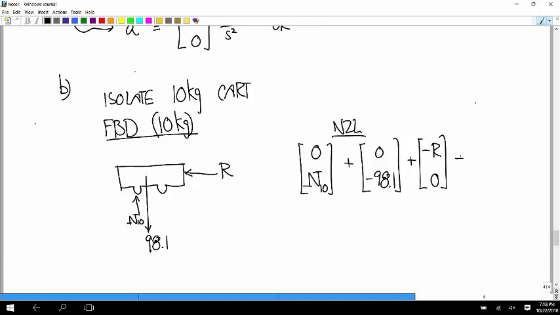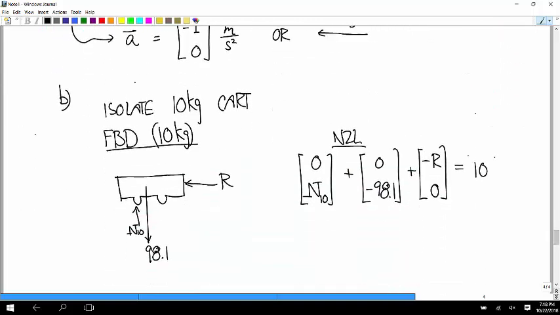And all that's equal to the mass of our chosen object. This time it's only 10. Times the acceleration vector of our chosen object, which, if you think about it, these things are moving as a single unit. So the acceleration vector that we calculated in part A, we can use here. Okay? So this is negative 1, 0.